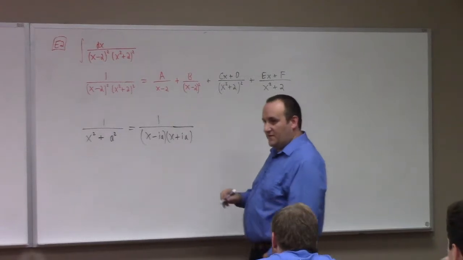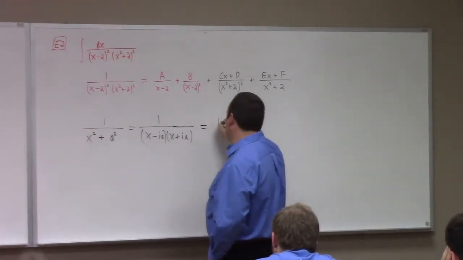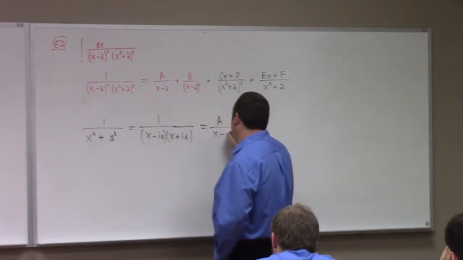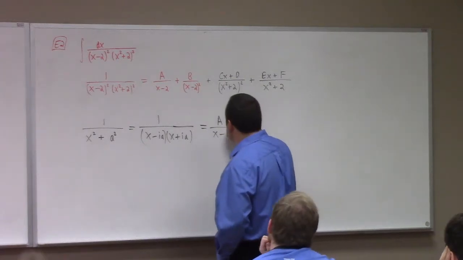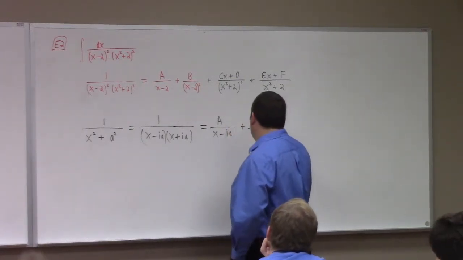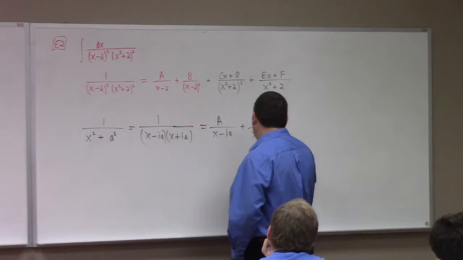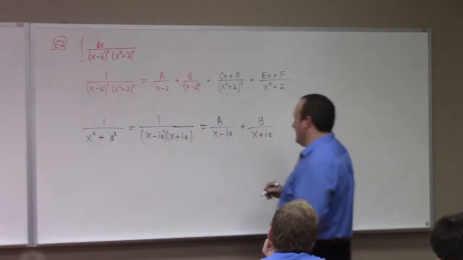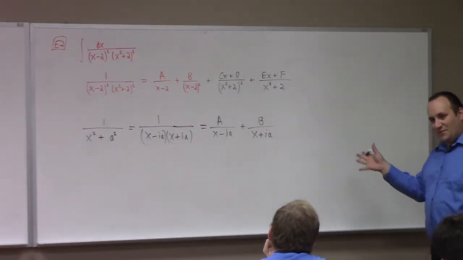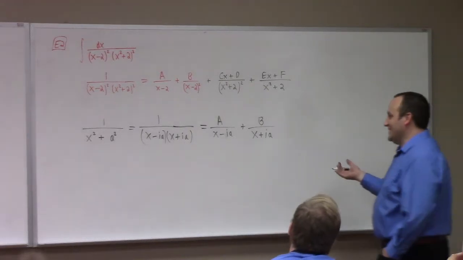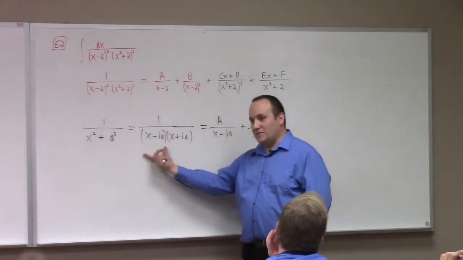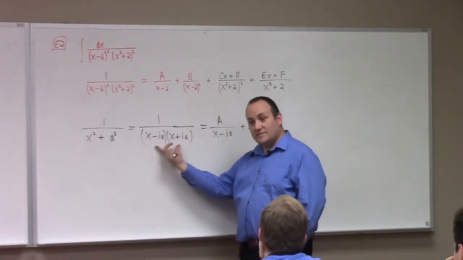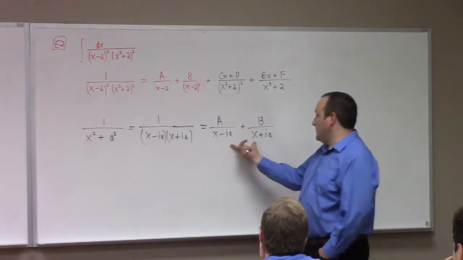So if you believe in partial fractions working for complex factors, this would be a over x minus ia plus b over x plus ia. You're like, great, you're explaining something I don't understand with something I don't understand even more. Good job. But just hang with me for a second here. Suppose you admit that whatever we're doing in the reals should also make sense for complex, then we'd have this, right? But what happens when you put this back together?